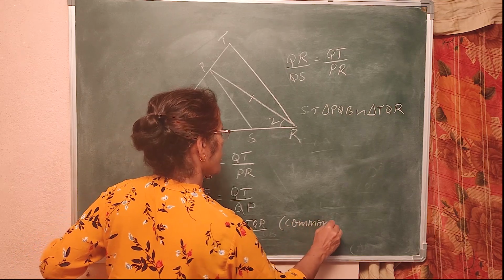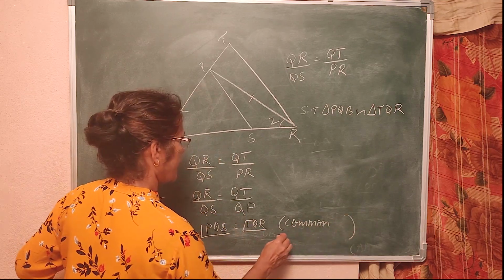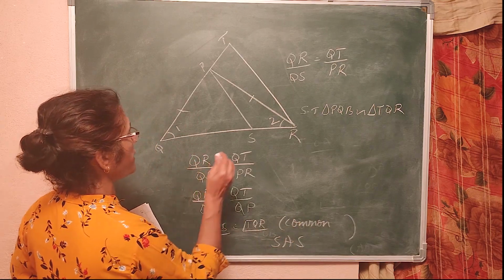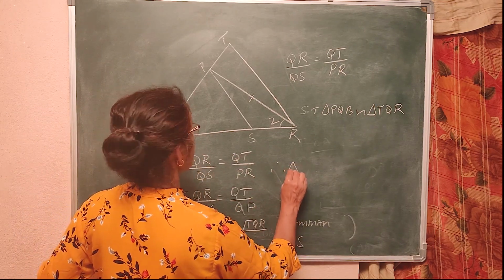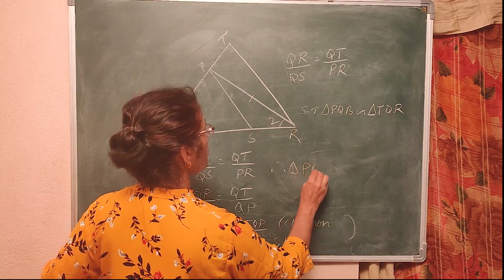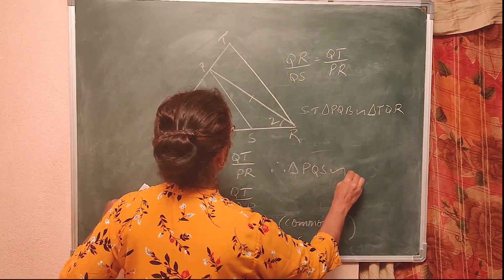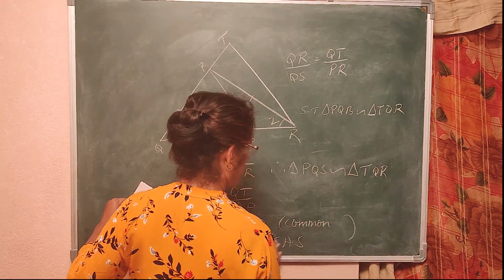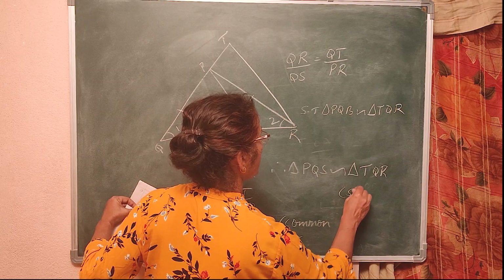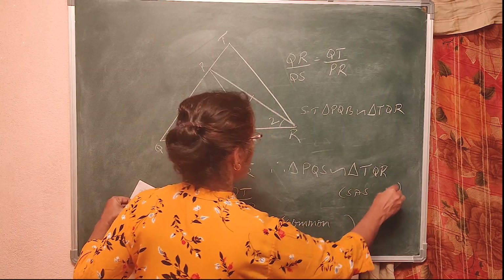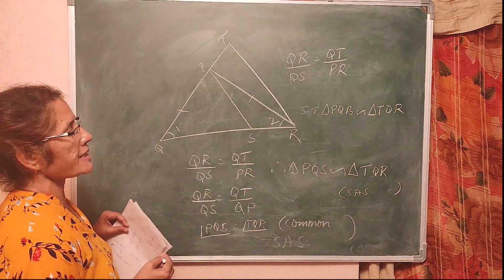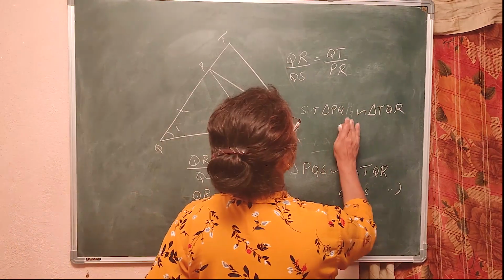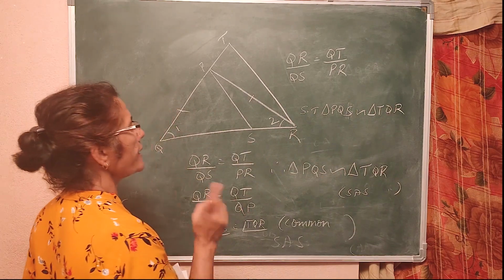So what criteria? Similarity criteria. Therefore, triangle PQS is similar to triangle TQR by similarity criteria.